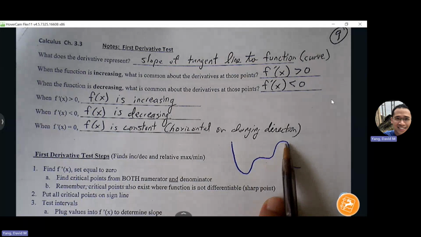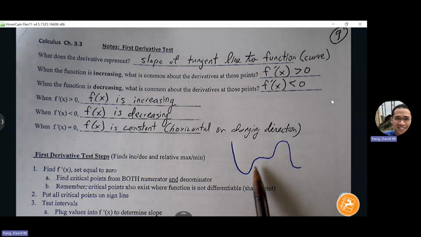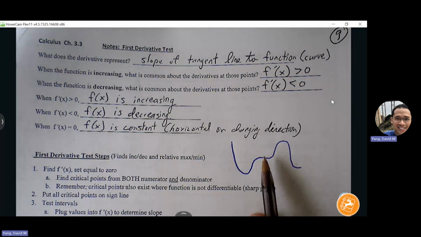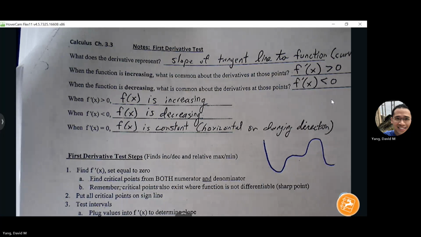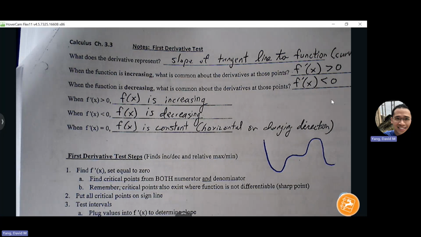So slope 0 is a candidate for a max or min, but it's not guaranteed to be a max or min, right? Just because slope is 0. But we do want to always look for slope 0 because we want to find the candidate first, and then we'll test the candidate with the sine line.